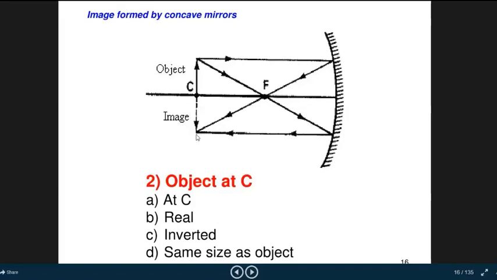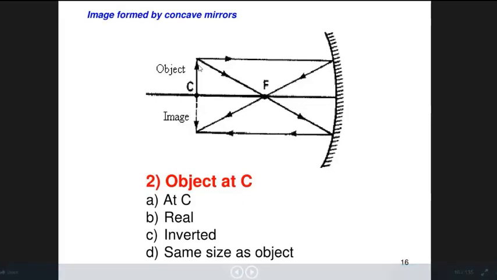So you see here the two reflected rays intersect at this point, indicating that image will be formed at this point. So here you see that image formed is inverted, real, and of the same size as that of the object, and also image is formed at the same location where object is there.